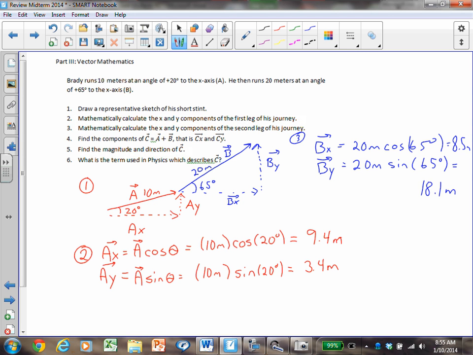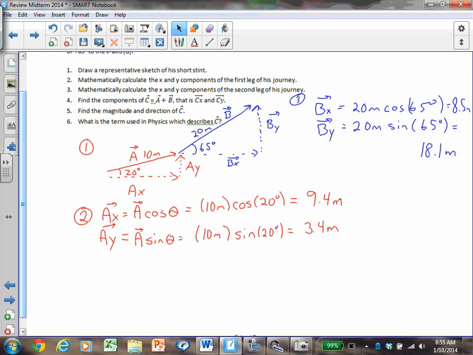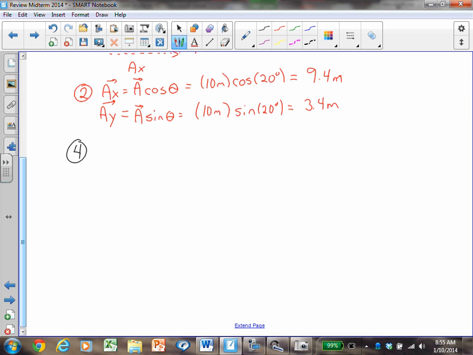And then part 4 says to find the components of C, which equals A plus B, the vectors A plus B. That is, find Cx and Cy. So Cx will be what?